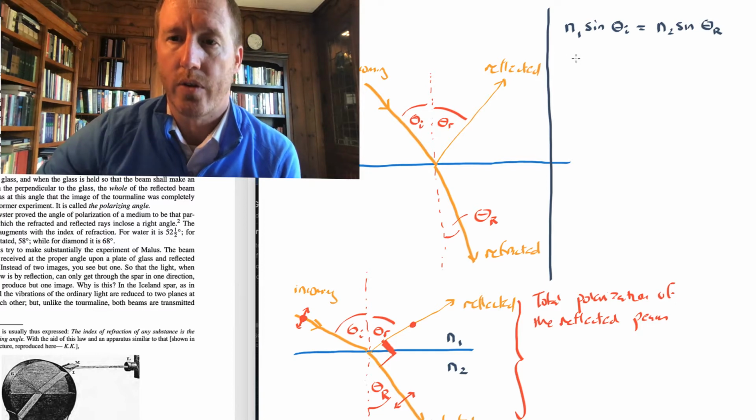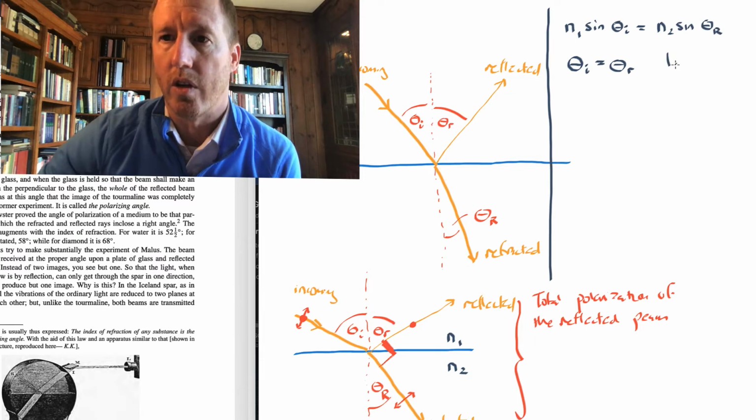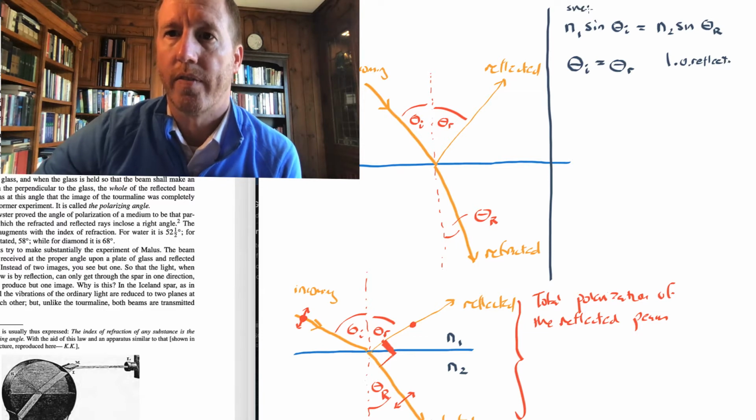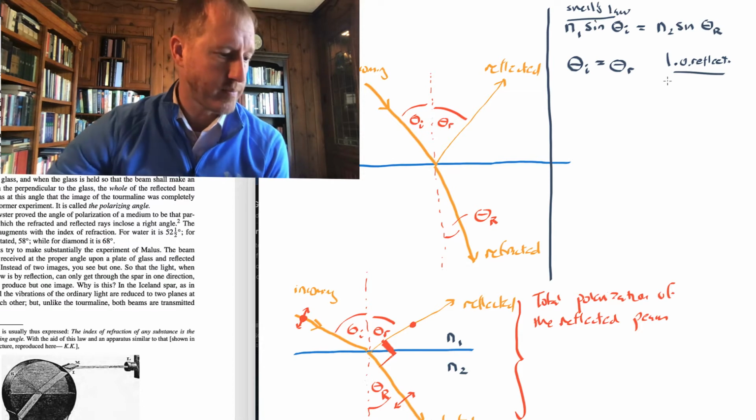And also, so this is the law of refraction. And then also the law of reflection says that the incoming ray, the incidence ray, has to have the same angle with respect to a perpendicular as the reflected ray. So this is the law of reflection. And this was Snell's law, or the law of refraction. Okay?